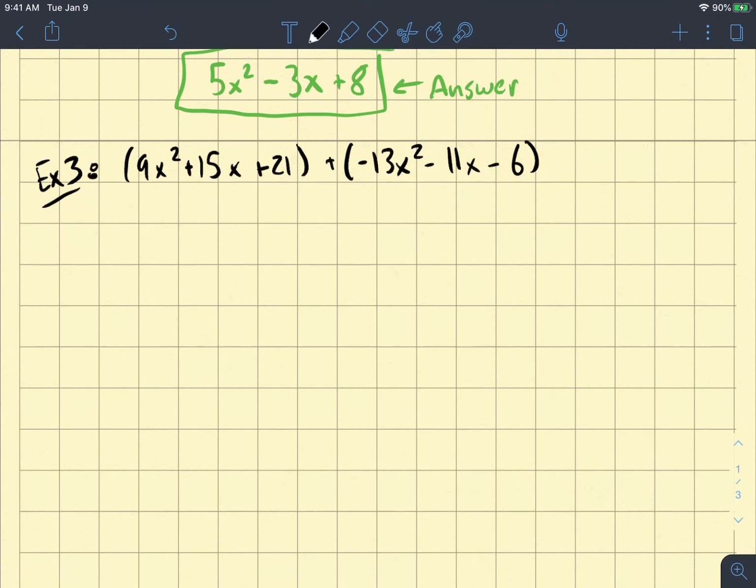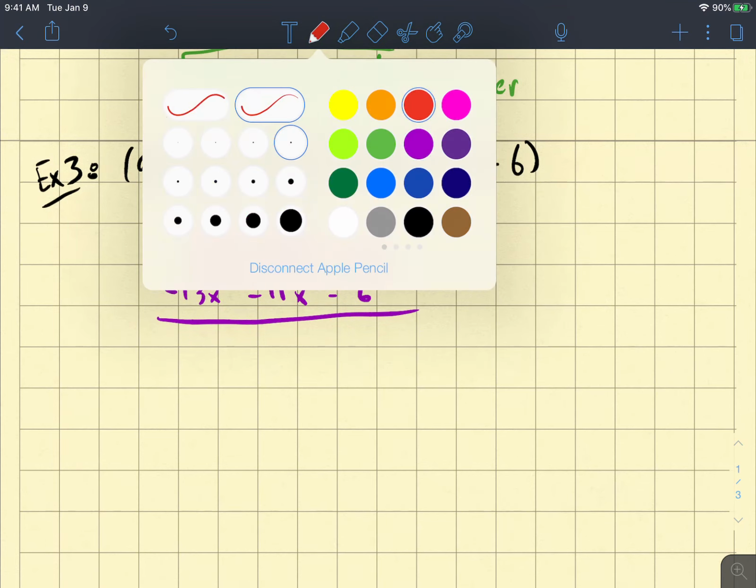And so it's pretty straightforward. We're just going to line these up vertically again. We're going to have the 9x squared plus 15x plus 21. And then we're going to do these negative 13x squared minus 11x minus 6. And we'll just add these up and then we'll be all good to go.